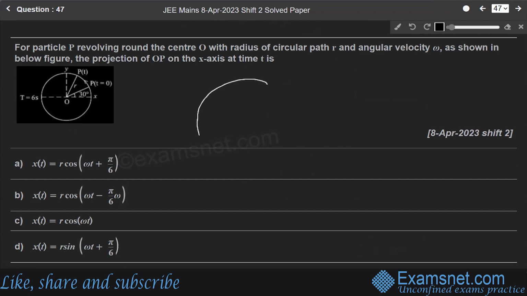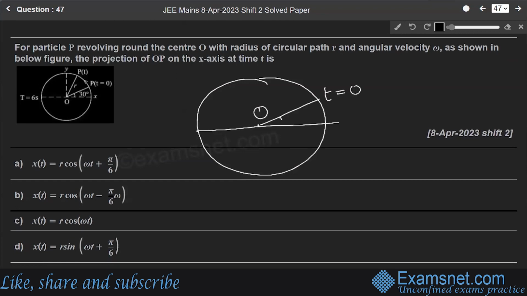We are given a circle whose center is O, and at time t equals 0 it is making an angle of 30 degrees. At time t equals t, we have to find its projection on this axis. Let us say this is x.